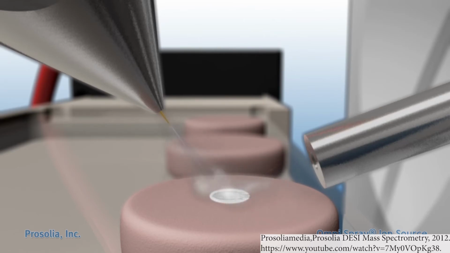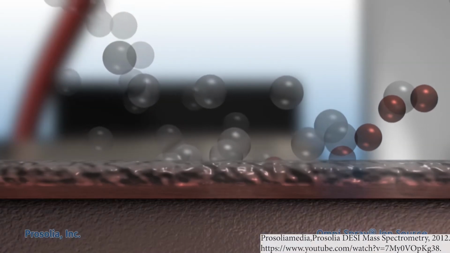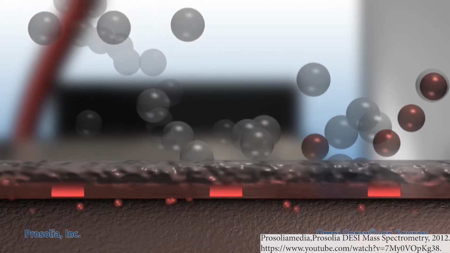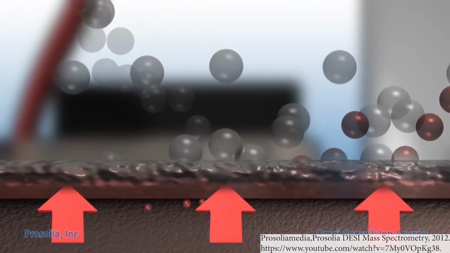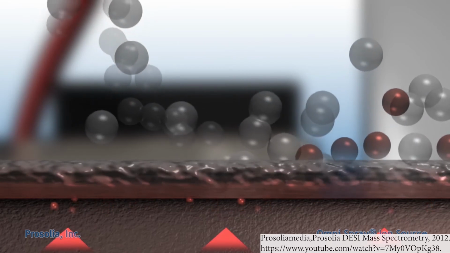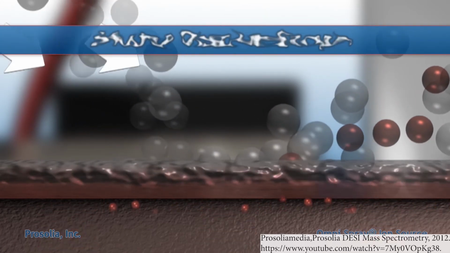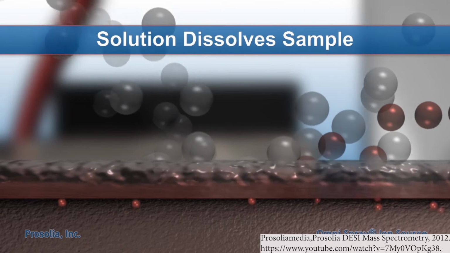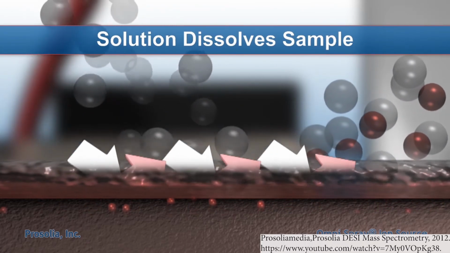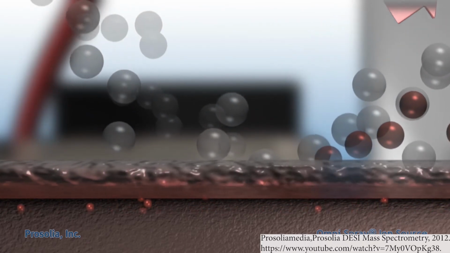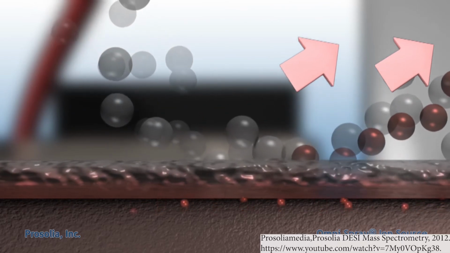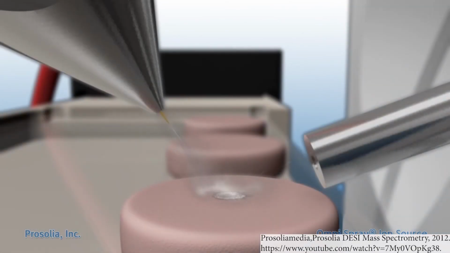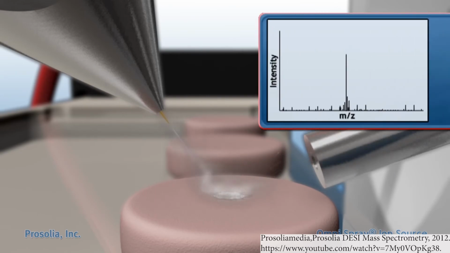So whatever methanol or acetonitrile or water, usually it's going to be a mixture of methanol and water, they're going to be ionized from the electrospray process, but they're still droplets, and they can bounce at the surface, but when they hit the surface and before they leave and bounce off, they desorb, or they soak up some of the sample. They dissolve a little bit of the sample, and then those droplets get pushed in the mass spectrometer, and in those droplets, they're also transferring protons. We are spraying ionized solvent at the sample.